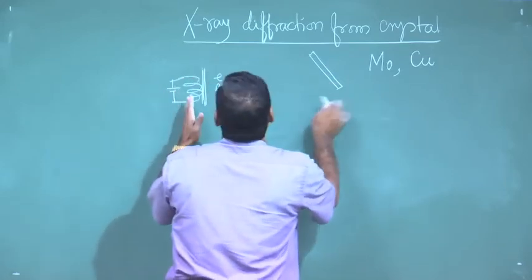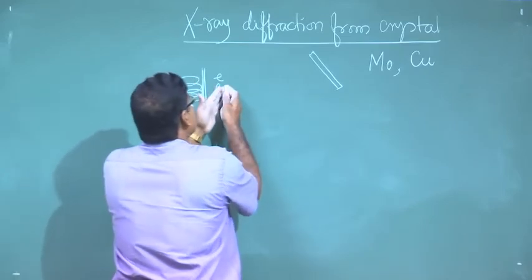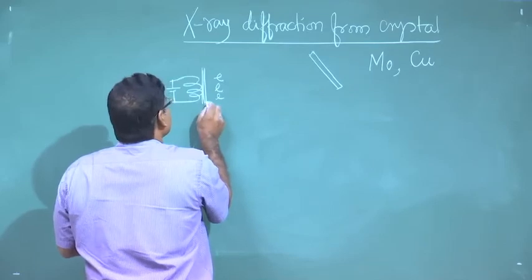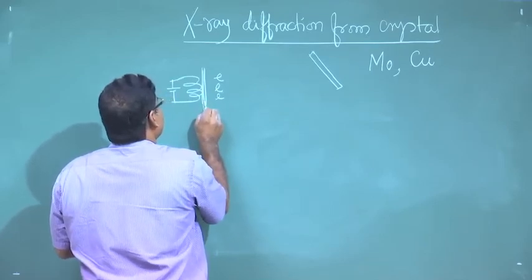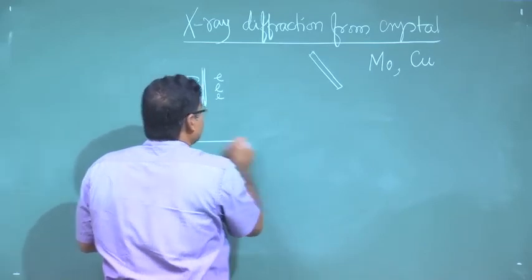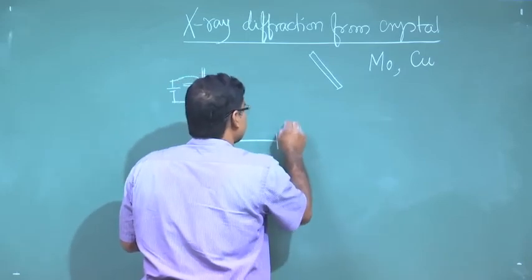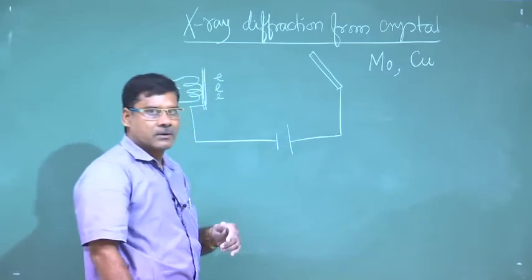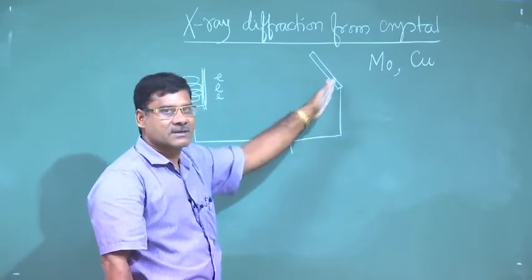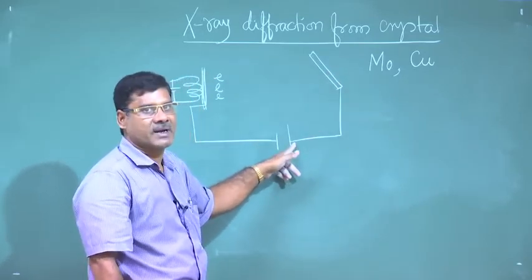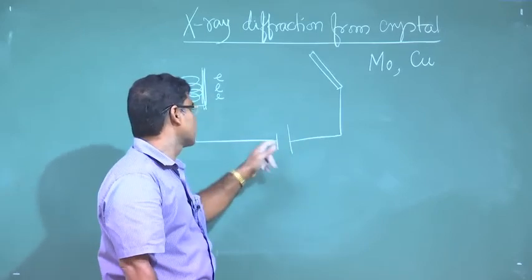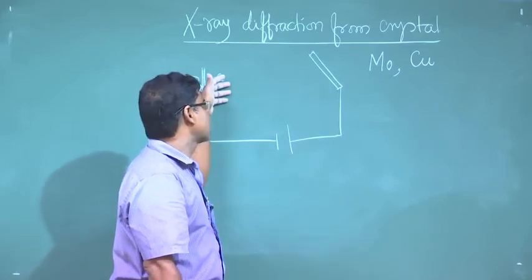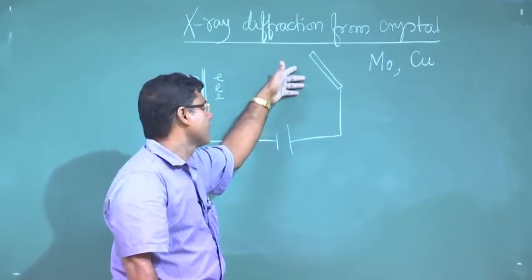So, to accelerate the electron, we have to apply a voltage difference between these two, right. So, this anode is connected with the positive terminal of the battery and the other one is the negative terminal. So, electron will accelerate and hit the target.